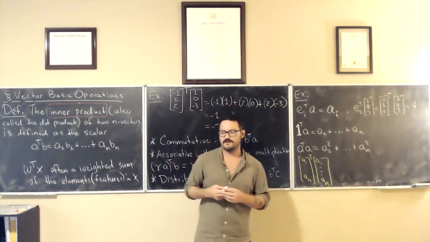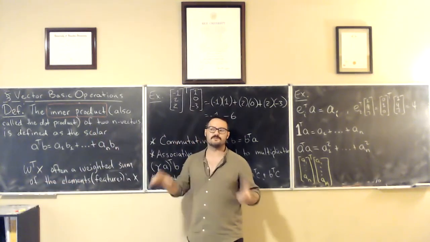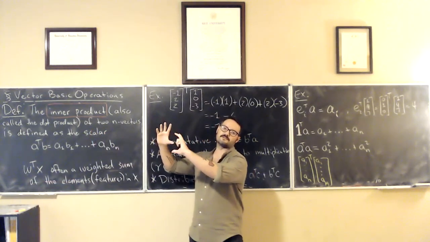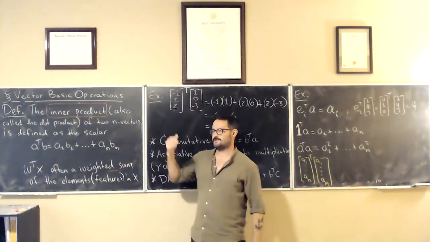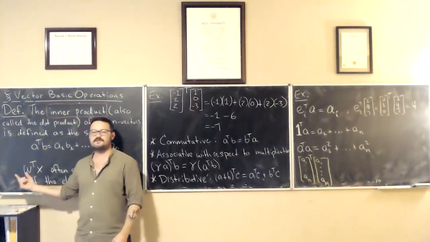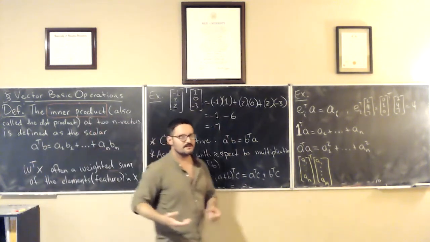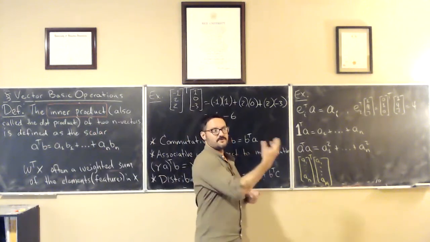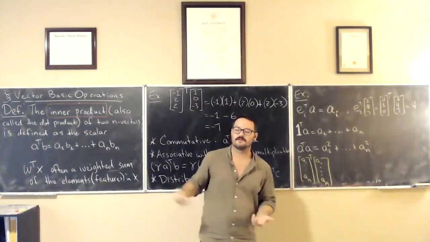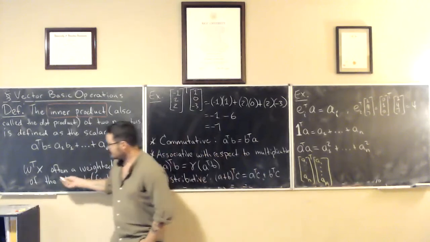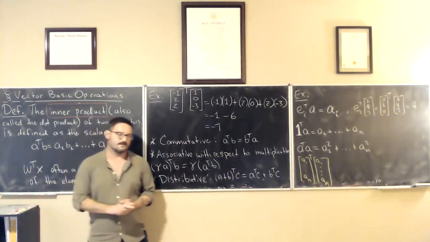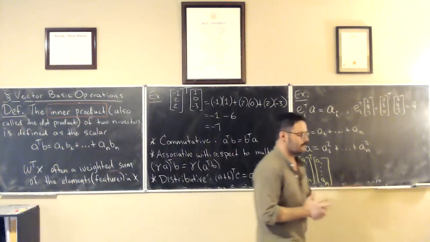You can think of a computer vision scenario where you have a still shot of something like a cat or a dog, and that's a bunch of pixels, and you take in a weighted combination of all those pixels to tell whether or not some pixels are more important than others with respect to classifying a dog versus a cat. This is fundamental to data science. It's the inner product. Okay.